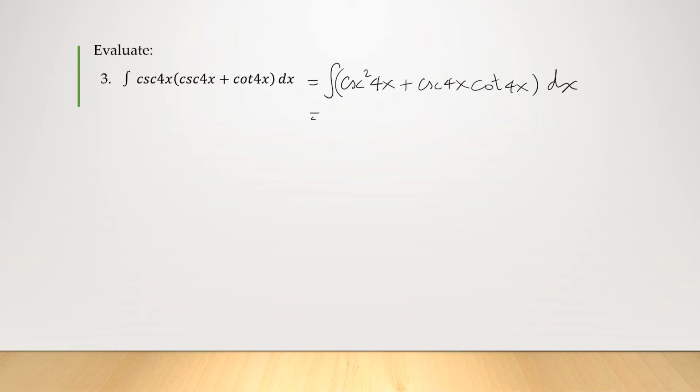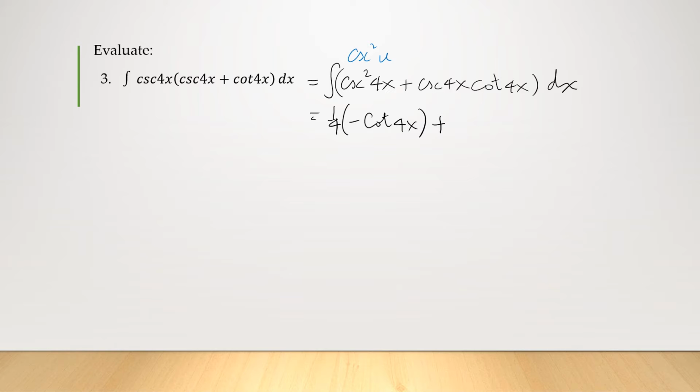The first integral is of the form cosecant squared u, where u is 4x and the differential is 4dx. So the answer there will be 1/4, and the integral of cosecant squared is negative cotangent of 4x.